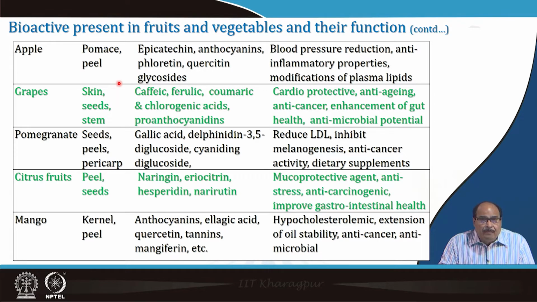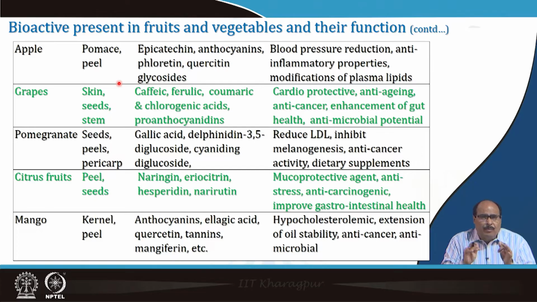Grape skin, seeds and stem have caffeic acid, ferulic acid, coumaric acid, chlorogenic acid, etc., and proanthocyanins, and they again have various health promoting activities: they are cardioprotective, anti-aging, anti-cancer, and enhance gut health.